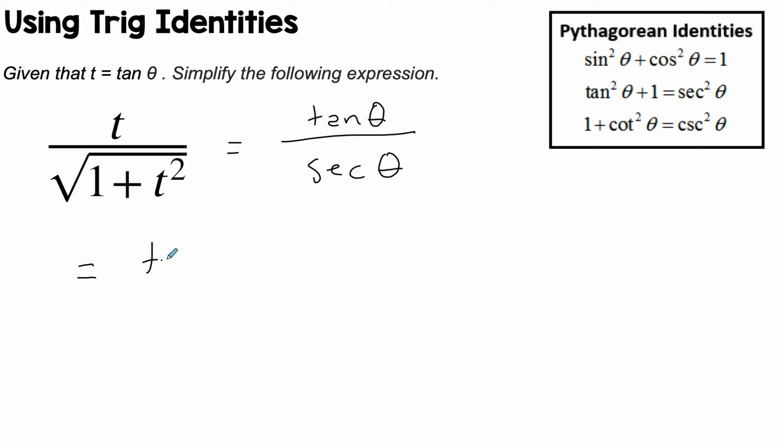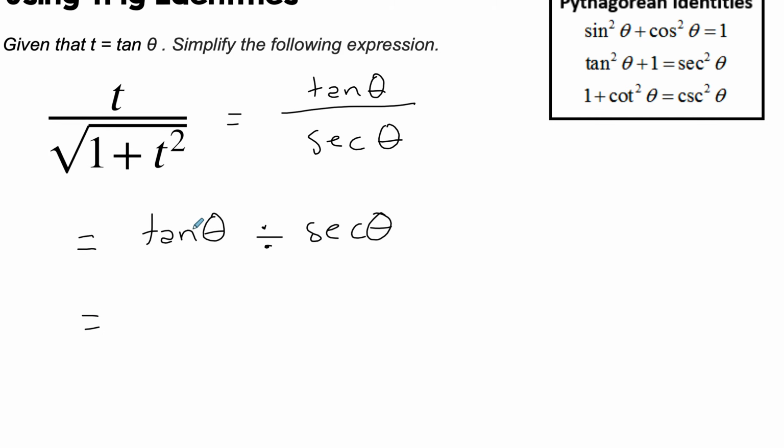So this is tan theta being divided by secant theta, and I can use the definition of either to simplify it, because you need to simplify it to its simplest form, and neither of these are expressions on their own. Tan theta is a representation of the ratio of sine theta over cos theta. So I have sine theta over cos theta divided by, well, secant theta is just 1 over cos theta.